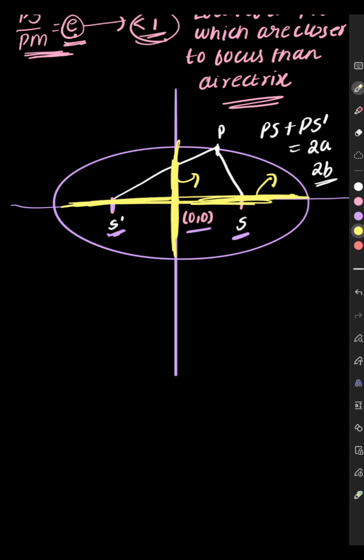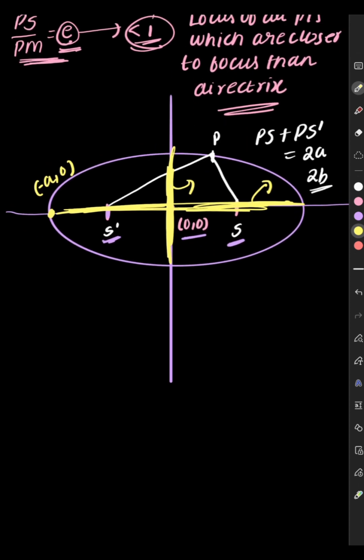The vertex of an ellipse is always going to be the end points of the major axis, which here is minus A, 0. I'm assuming that the length from the center to the end of the ellipse is A. This distance is B. So this point is A, 0.